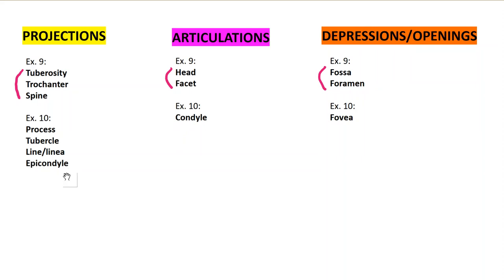Epicondyle is the sticky outy bump. And then we have one more depression or opening, a fovea, which is just a tiny little depression. You'll see one called fovea capitis on the femur, on the head of the femur.